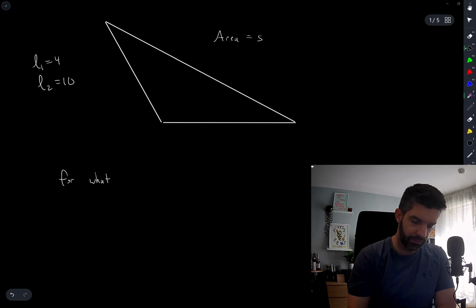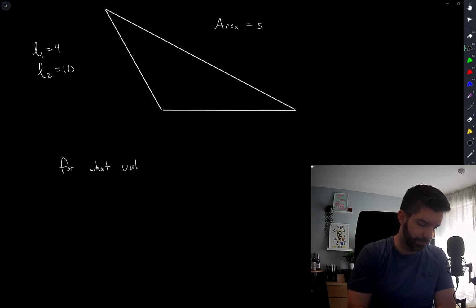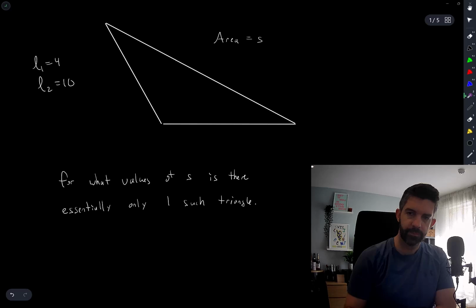Well, let's figure out what we're being asked for exactly. For what values of s is there essentially only one such triangle? That's what we're being asked for, because we want there to exist triangles.